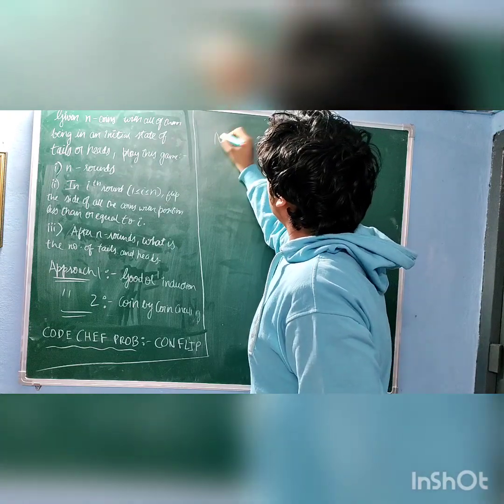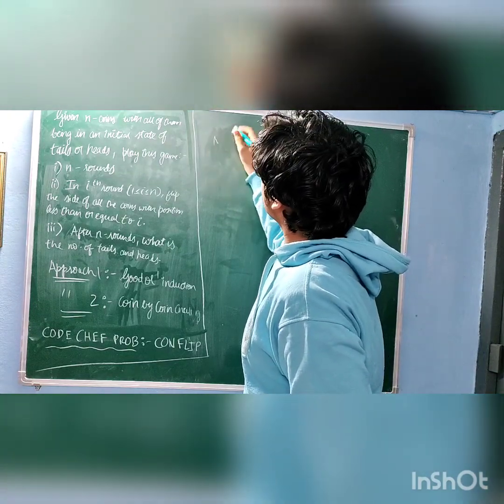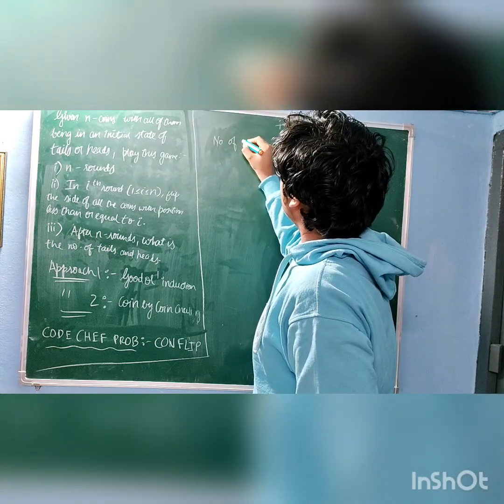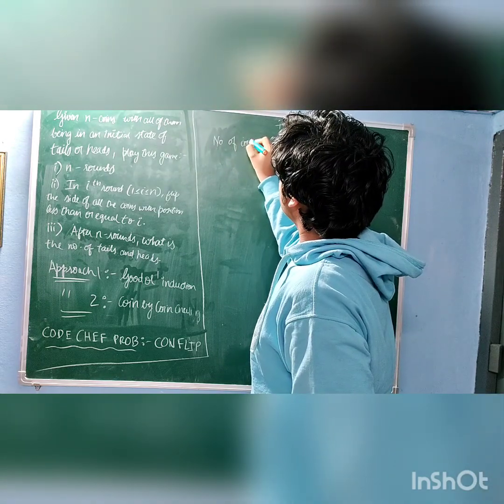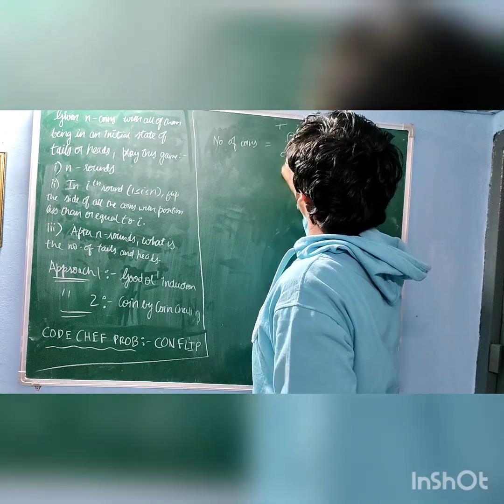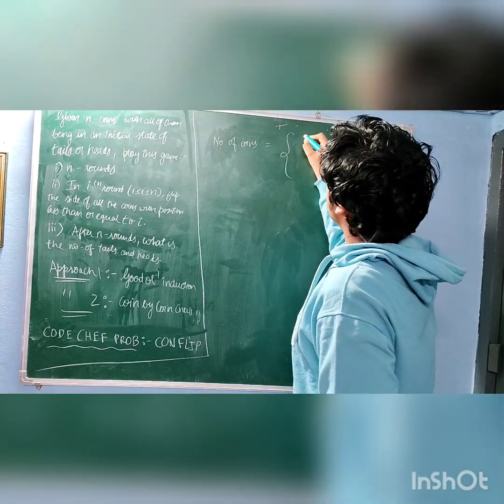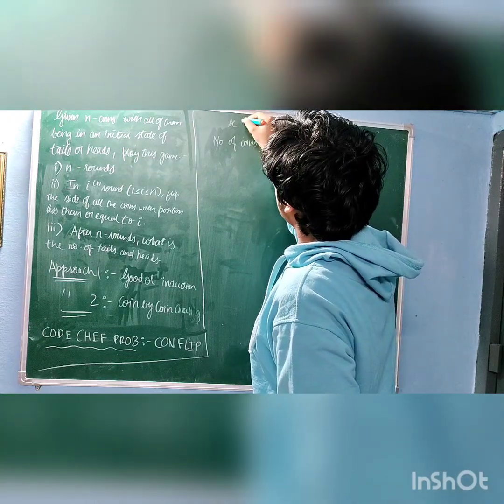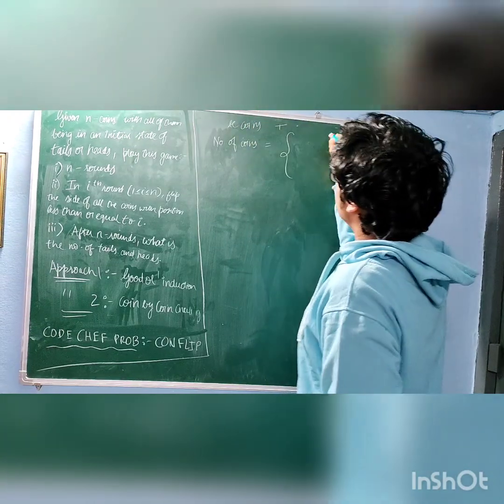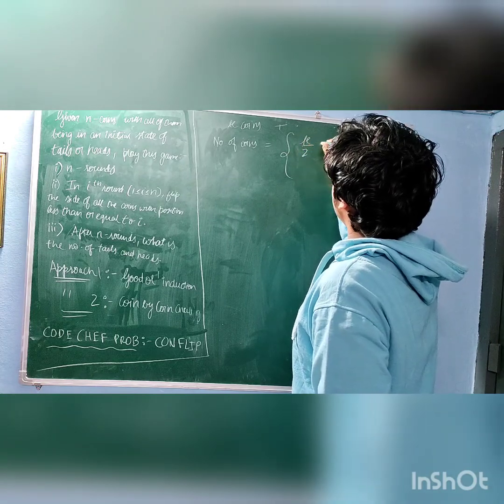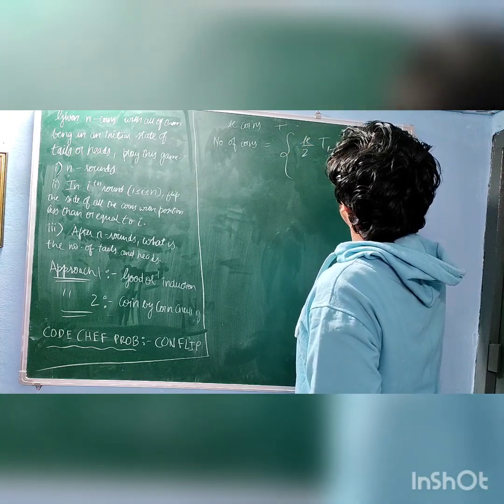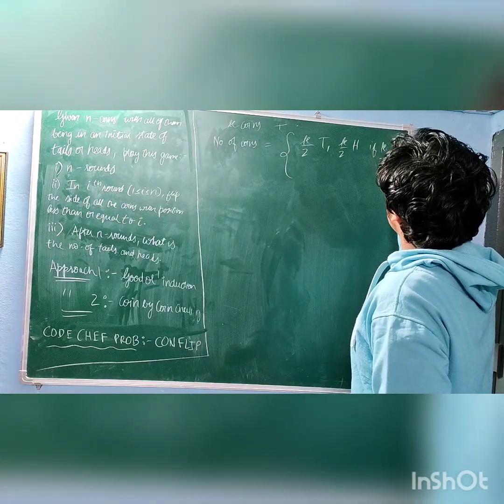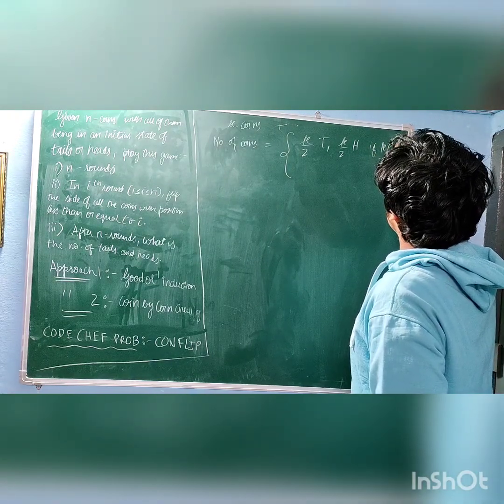So the number of coins, let's say k coins. Then k by 2 are tails, k by 2 are heads, if k is even.